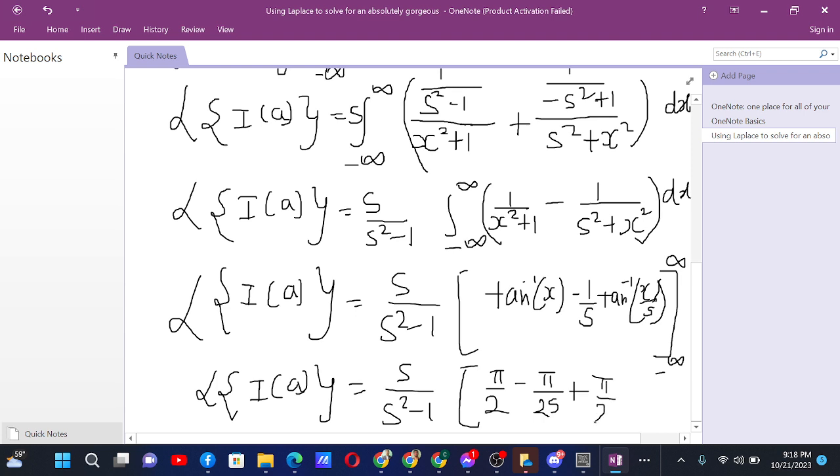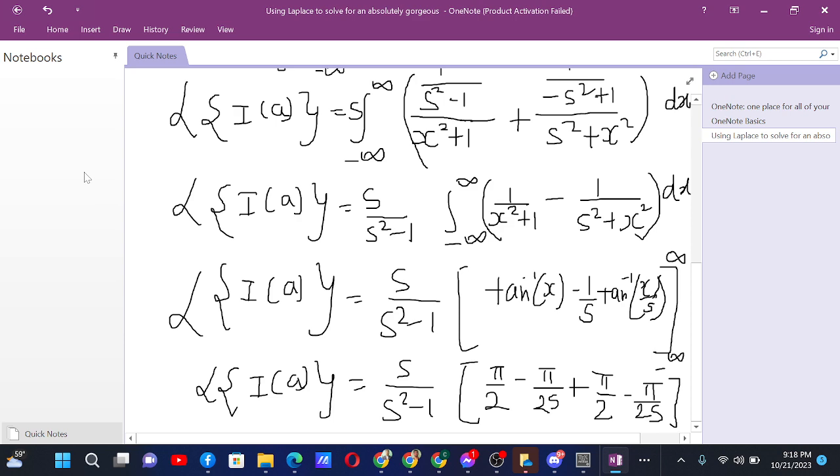And then this will also be negative pi by 2, and this one makes plus pi by 2. And again, our original minus sign will make it negative pi by 2s. So this is it. I guess you have understood.